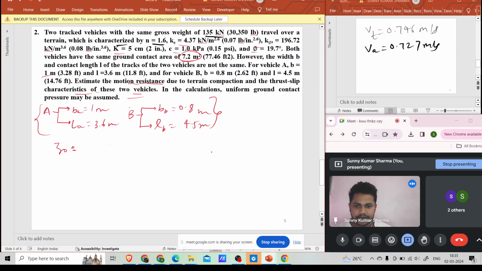Do you remember Bekker's equation? Sivaram, what is Bekker's equation?